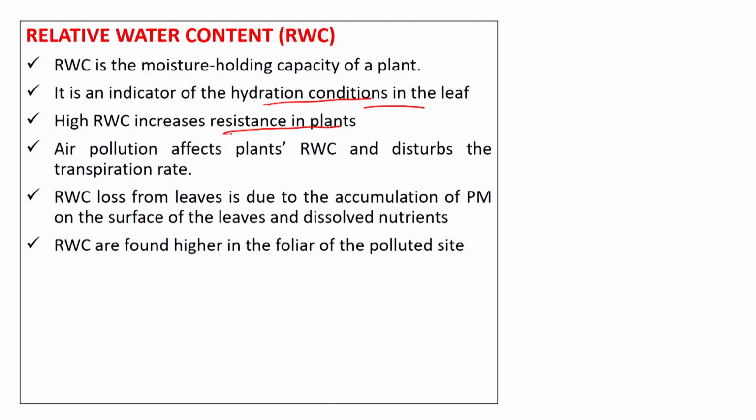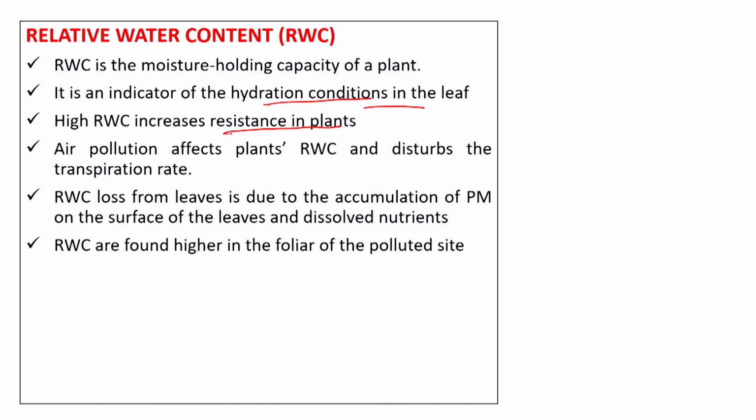But plants generally with high relative water content seem to be more resistant. Air pollution affects the plant's relative water content and disturbs the transpiration rate. So, we also have similar kinds of things. Okay. Transpiration will be affected.